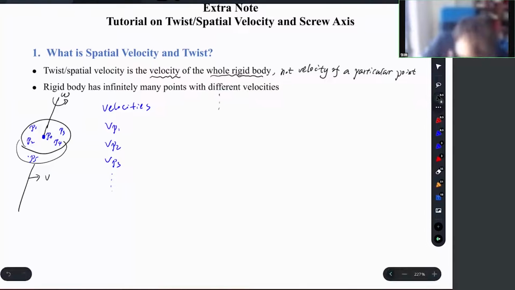The first thing I would like to point out is that all these velocities, VPi, are not independent.